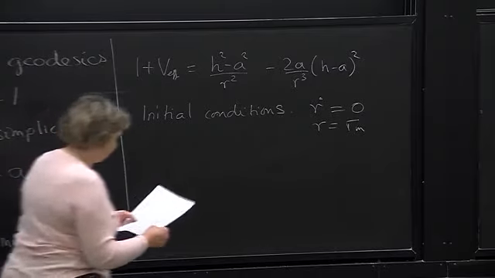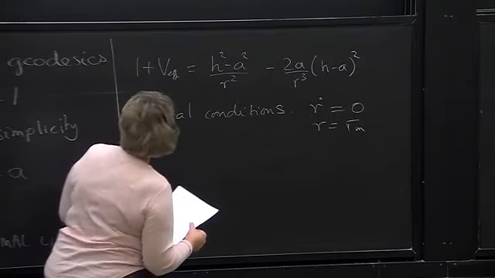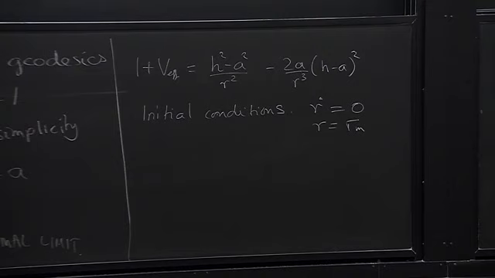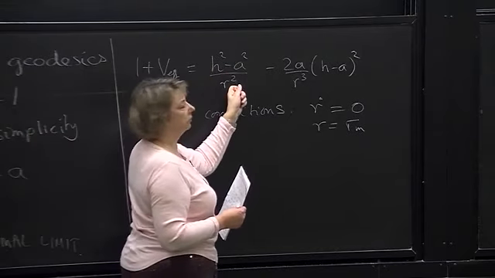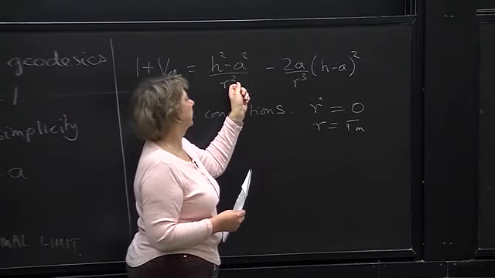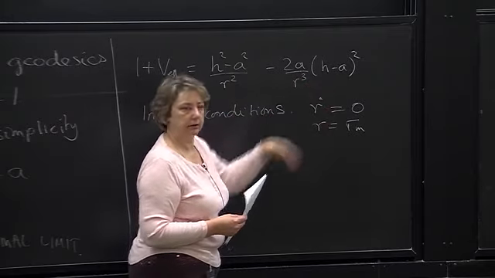So if I look at the condition for r dot is 0, then V is 0. And so 1 is equal to h squared minus a squared over r squared minus this second term.